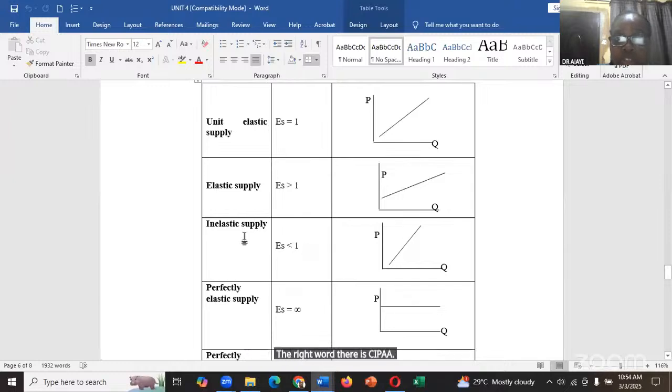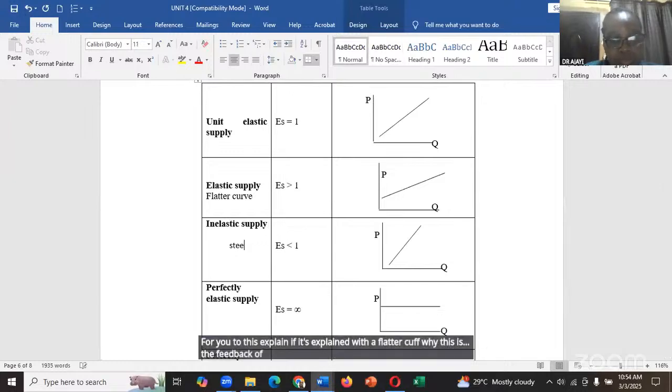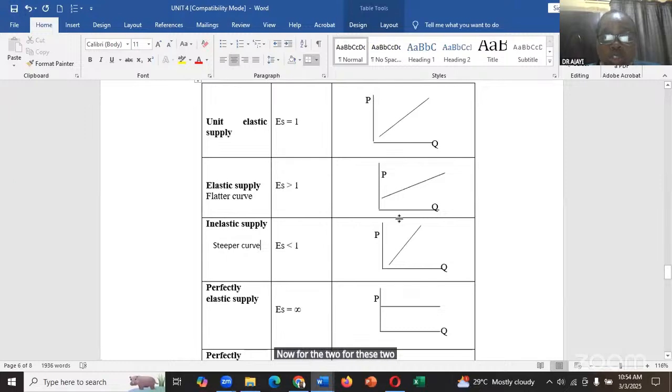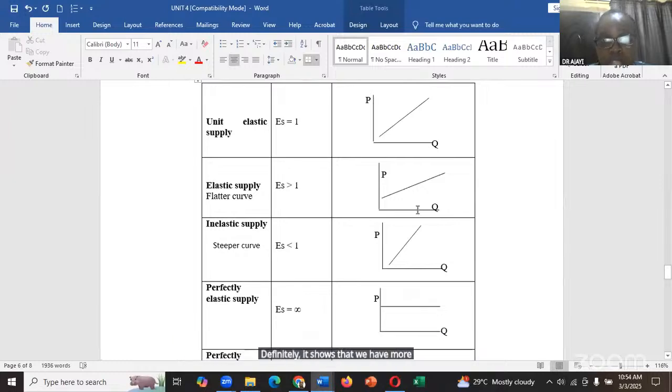So let me just quickly put it in here for you to see this explained with a flatter curve, while this is a steeper curve. Now for these two, what you should just bear in mind is, if you have a flatter one, definitely it shows that we have more response on the horizontal axis.